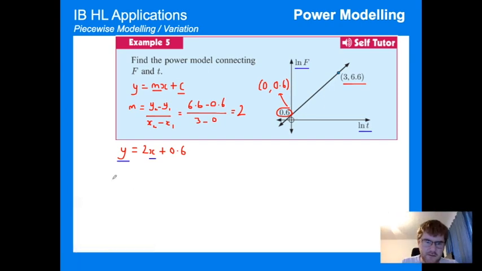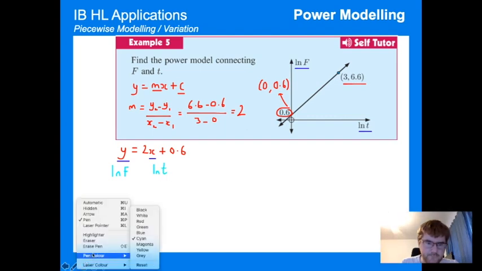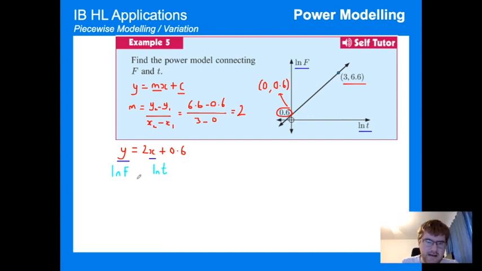I've replaced the y with ln f and the x with ln t, and everything else stays the same: the 2 stays the same, the 0.6 stays the same.